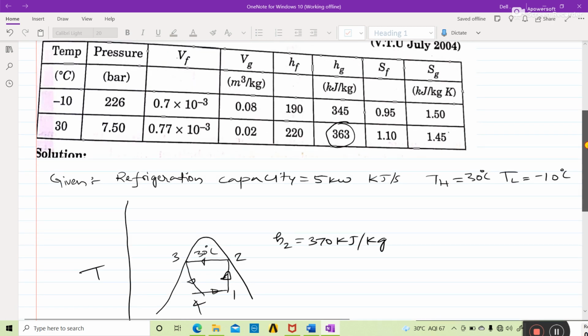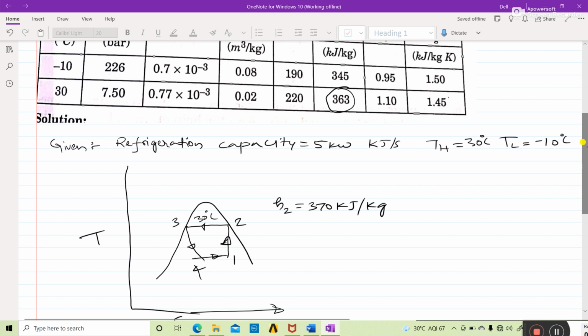Therefore state 2 should be superheated.